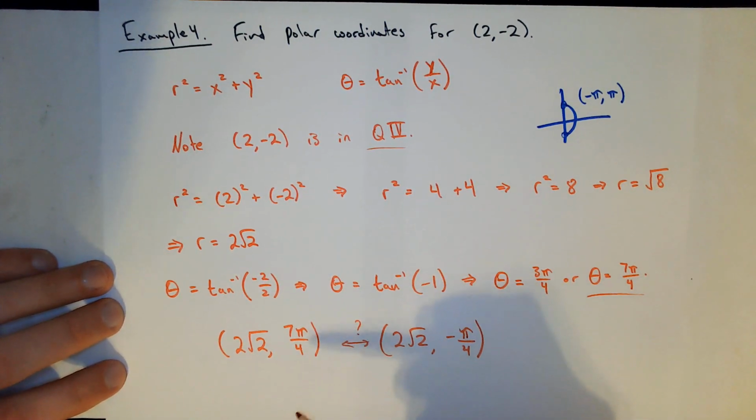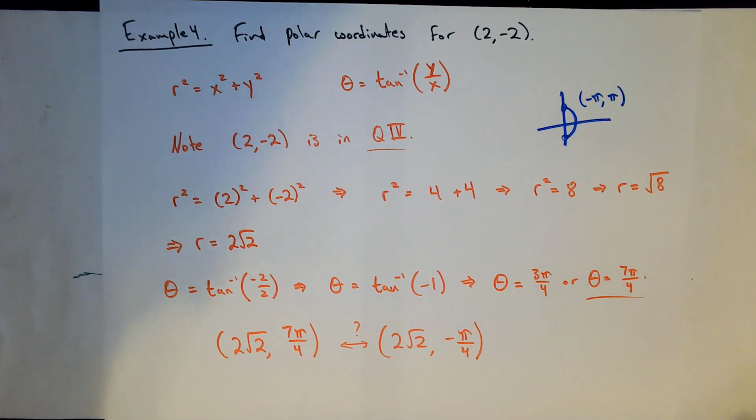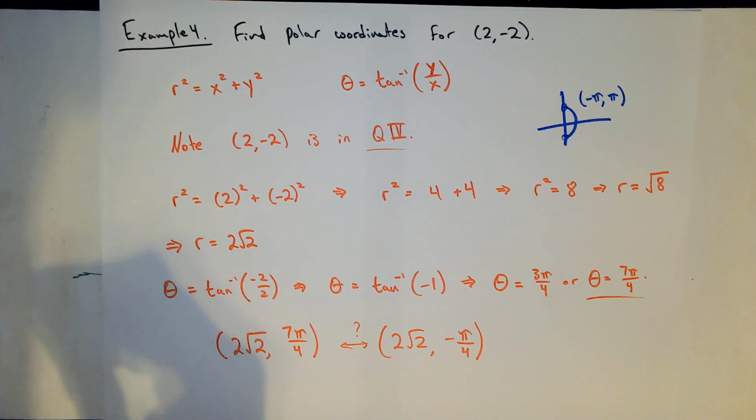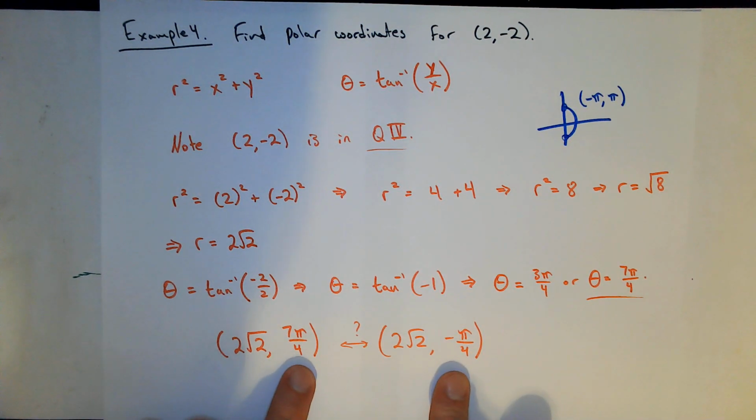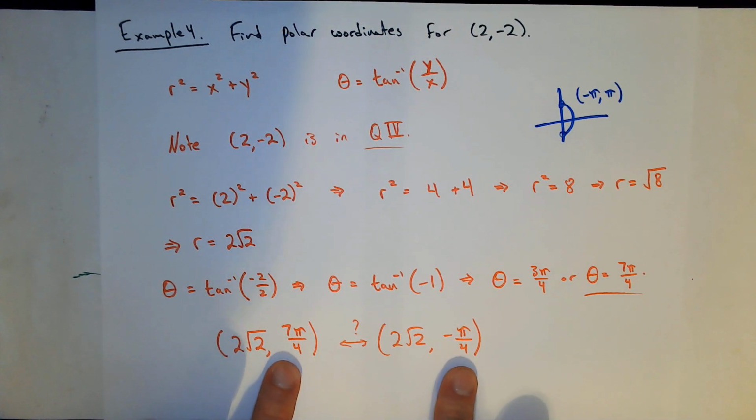Whereas I just pretty much brushed it to the side and said I don't really care to think of tangent inverse as a function, because when you're thinking about the geometry, which is what we're doing here, we're thinking about a picture. I don't really care how I describe my angle as long as it lands me at the point that I want. In fact, I would prefer to think of it not as a negative angle. By the way, these are the same angles. These describe the same angles.